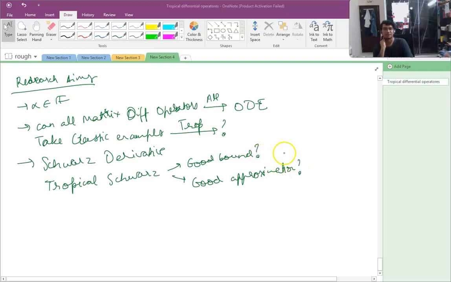We hope it's at least a good bound, because if we can say that most definitely the Schwarz derivative of f of x is strictly greater than or less than the tropical Schwarz derivative of f, then that would be really nice.